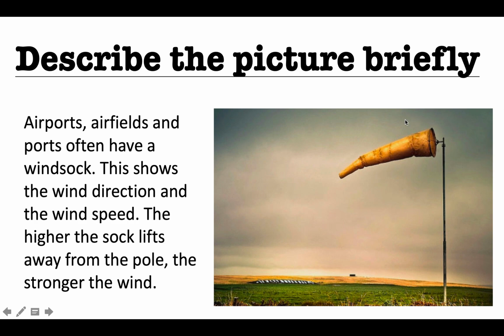Do you see the sock right here? The higher it lifts itself, the stronger the wind is. If the sock is more towards the pole, that shows the wind isn't that strong. If the wind was really strong, it would clearly fill the sock up and blow it this way. So take some time to write that.